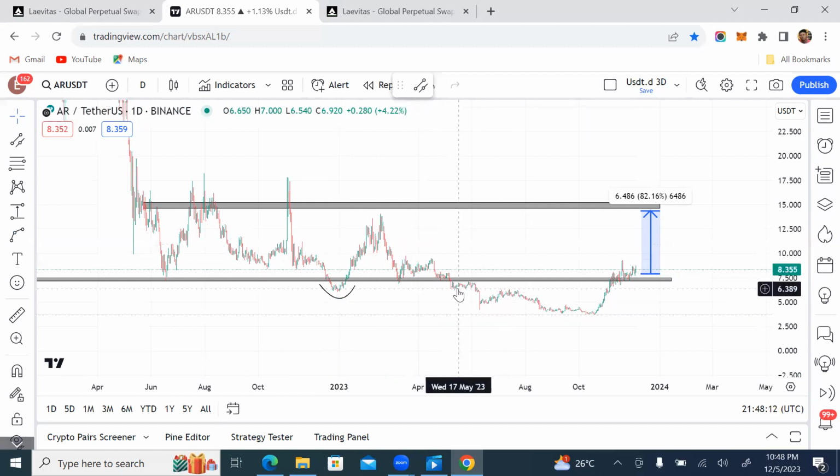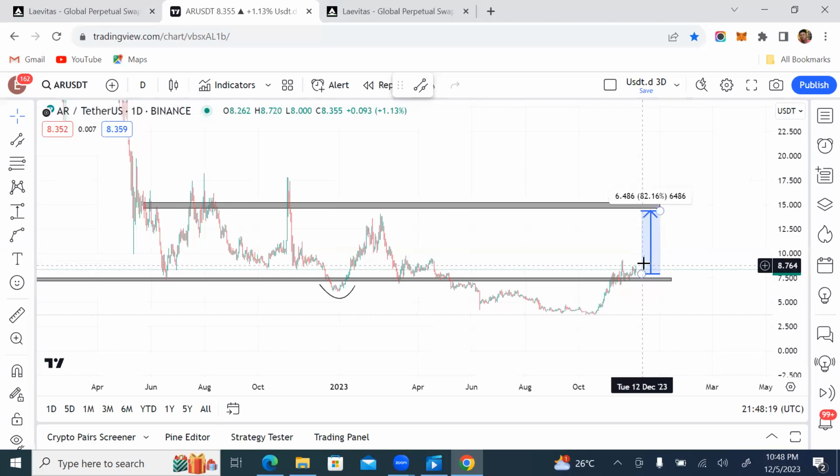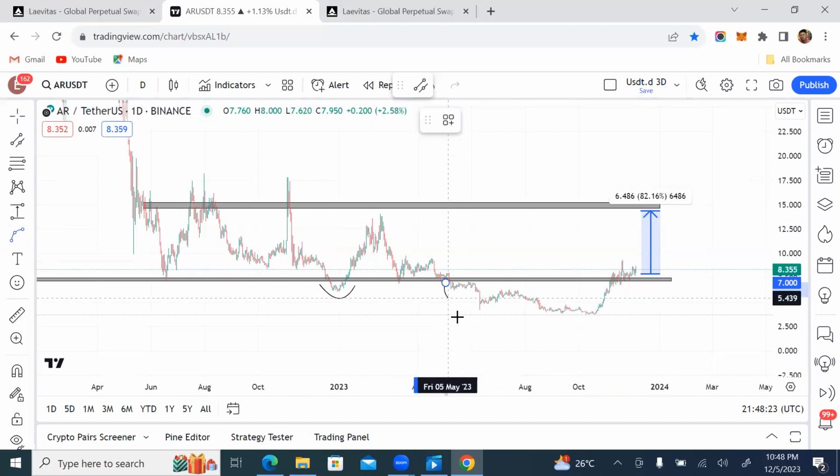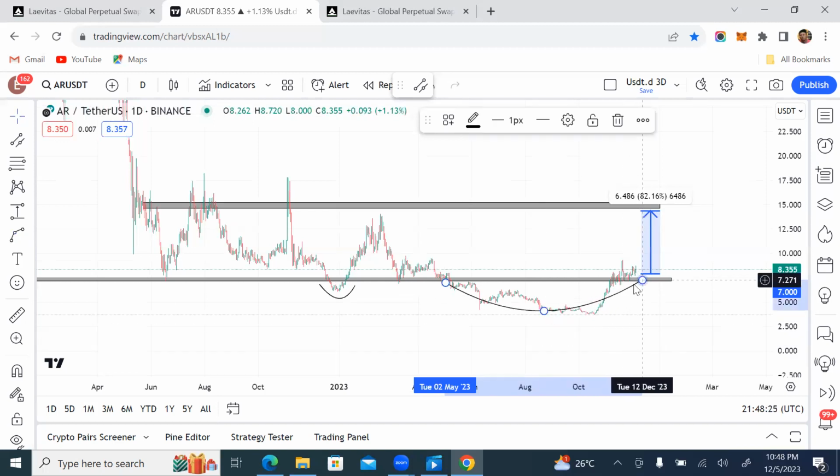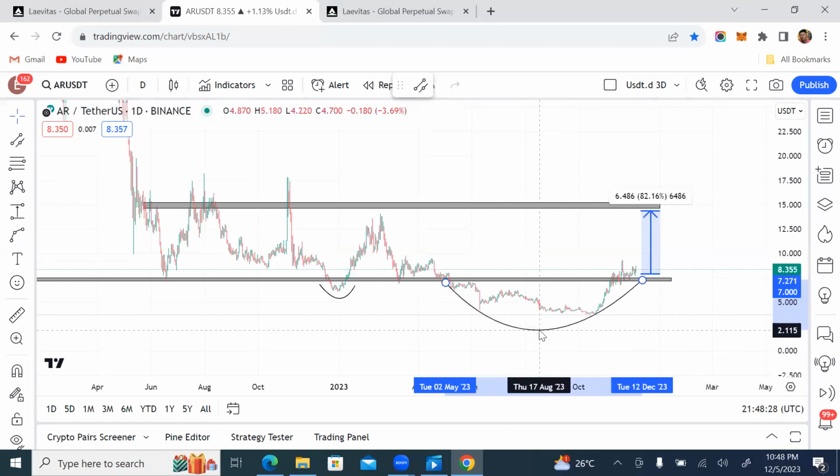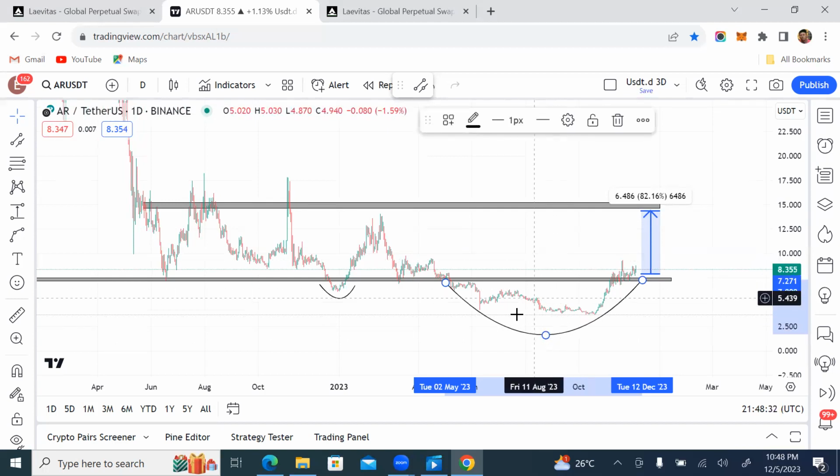It's the same thing that is going to happen here again. You can see price about to do the same exact thing, but now we'll have a bigger capitulation or recovery.